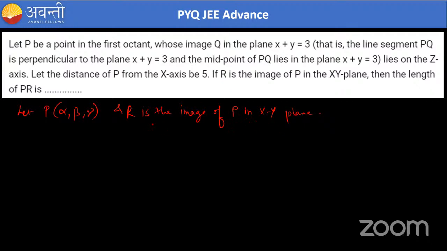So if it is the image of P in the xy plane, then we know that R can be written as alpha comma beta comma minus gamma, right? Since it is the image in the xy plane, the z coordinate will change and become negative of what it originally was, right? So this is one of the tricks that one should know.